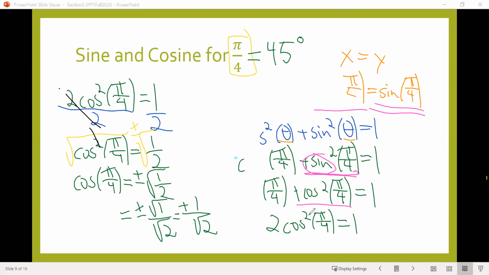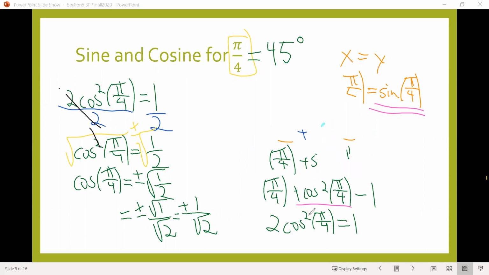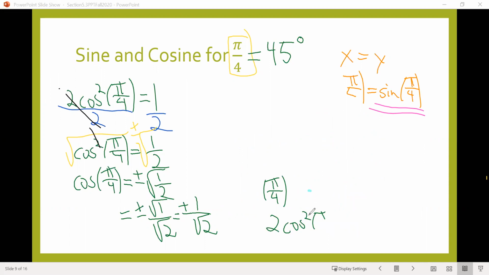However, you may recall from past mathematical experiences that mathematicians generally do not like having roots in the denominators of fractions. So we need to get rid of that square root of 2 on the bottom. We can do that by multiplying by square root of 2 on both the top and the bottom. This is called rationalizing.